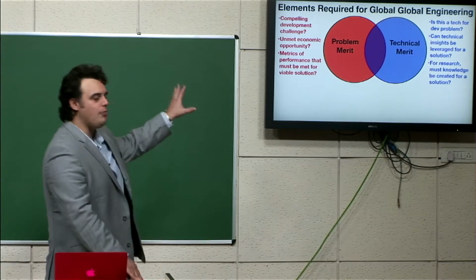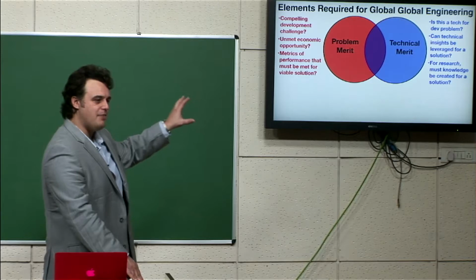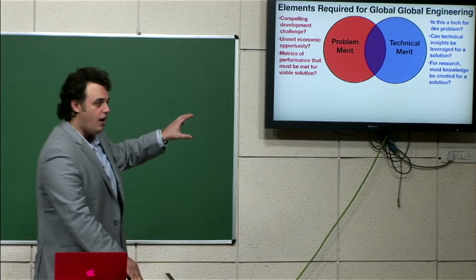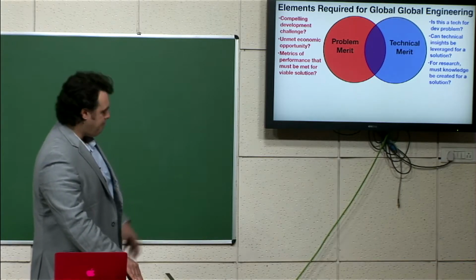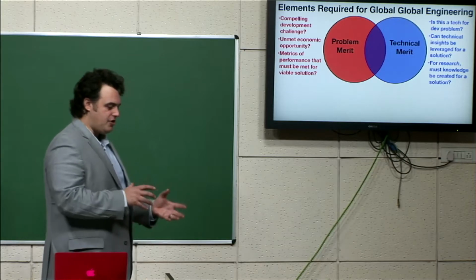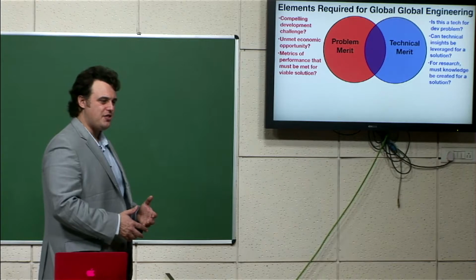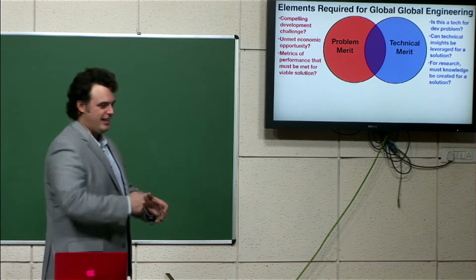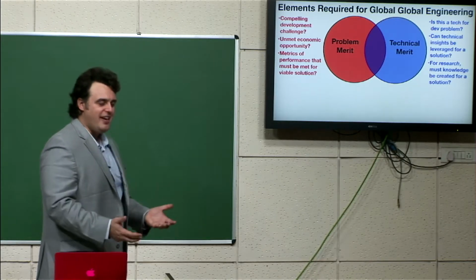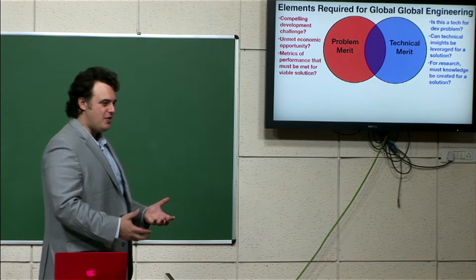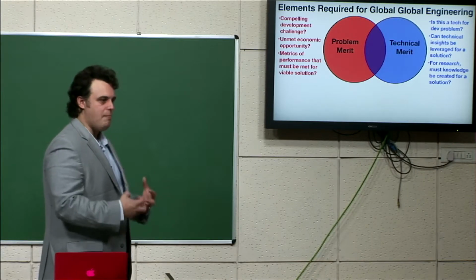And they have no problem merit. They haven't taken the time to understand the problem. Or I see people who hack together a solution in an undergraduate class where they're not being rigorous about the engineering. They're just sawing some wood and nailing it together, and they're making something crappy that nobody would want to buy. And so they're not putting enough technical merit into it.